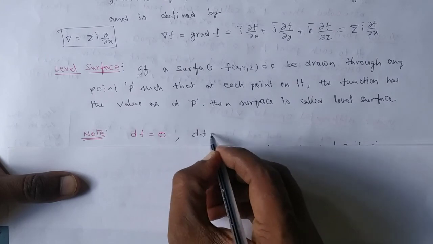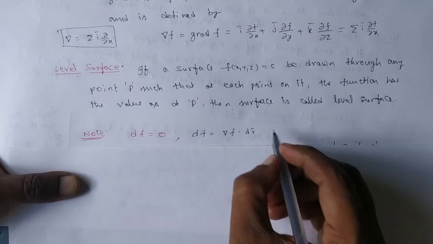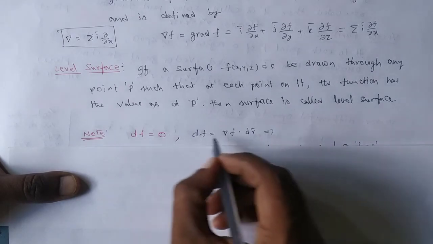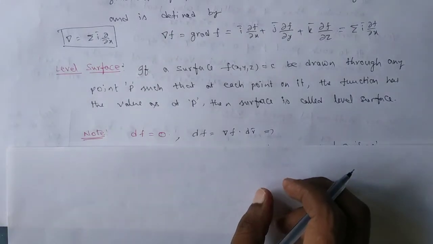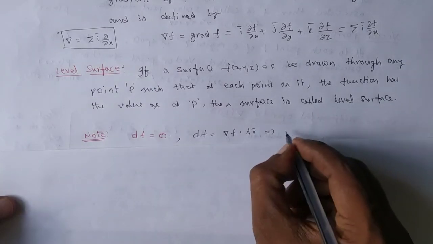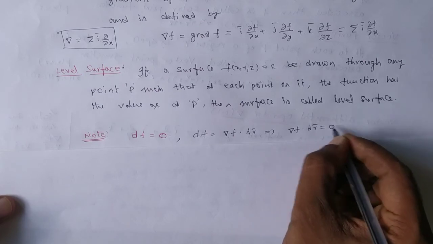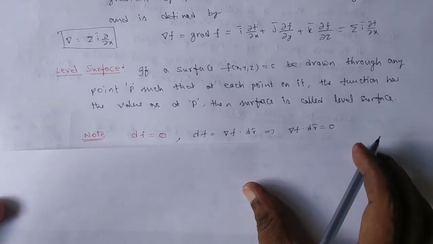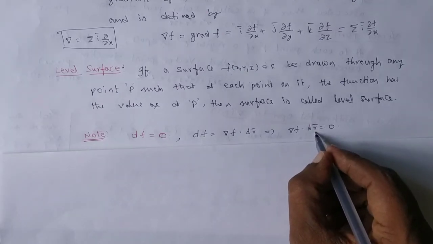But we know df equal to del f dot dr bar, so combining these two we have del f dot dr bar equal to 0, where r bar is the position vector of any variable point x y z in the space of the surface.